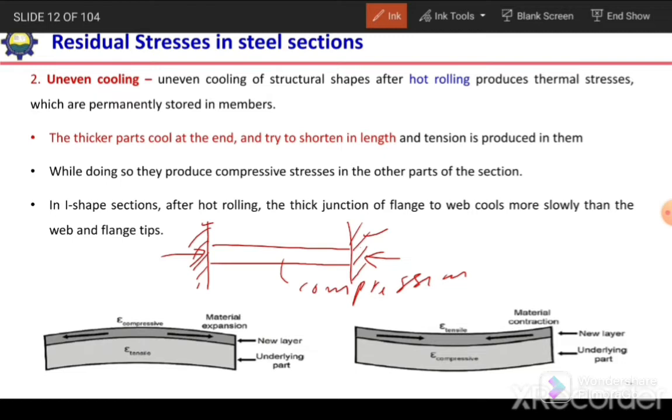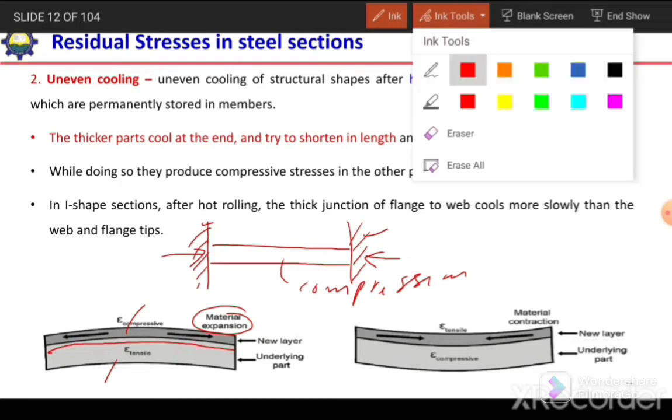So if a member expands, for example, we have two layers of a material, the bottom layer as well as the upper layer. If the upper layer expands and is attached to the bottom layer, compressive stresses will generate in the upper layer, which is expanding.